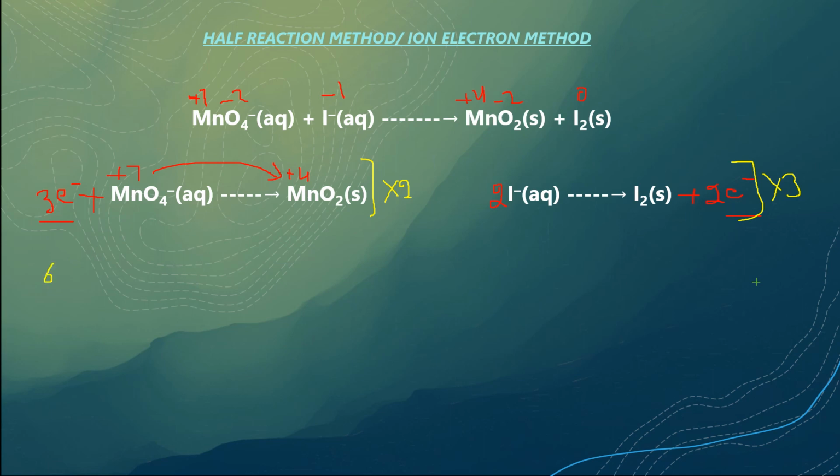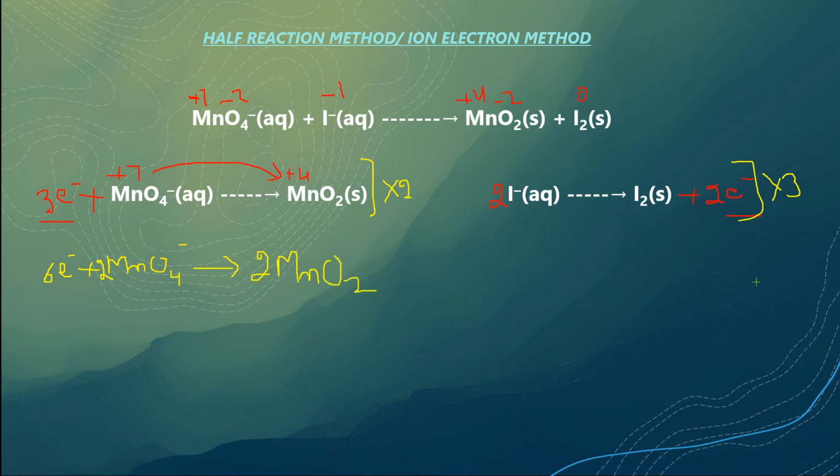So I have reached here: 6 electrons plus MnO4 minus giving, it should be 2 MnO4 minus, because we have to multiply everything by 2. And it will give me 2 MnO2.